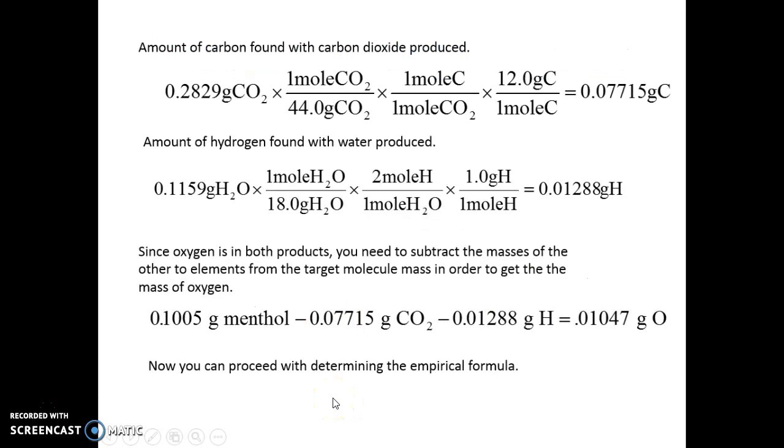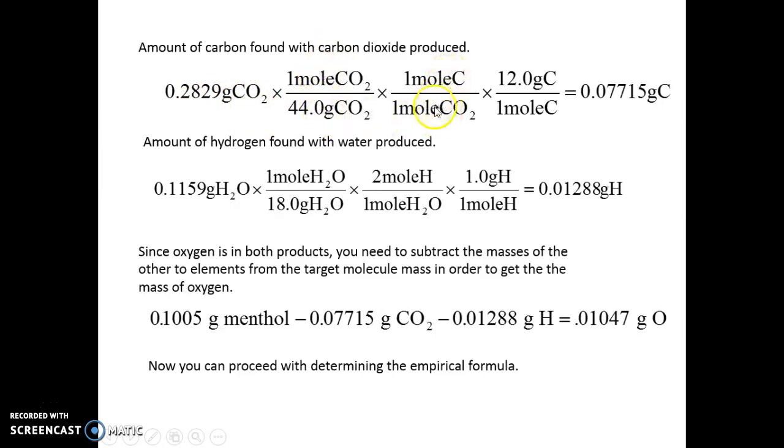All right, so first thing we're going to do, we're going to use the amount of carbon dioxide to figure out the amount of carbon that was in the system. So these are mole problems. So you've got 0.2829 grams of carbon dioxide. Going to convert that into moles of CO2.